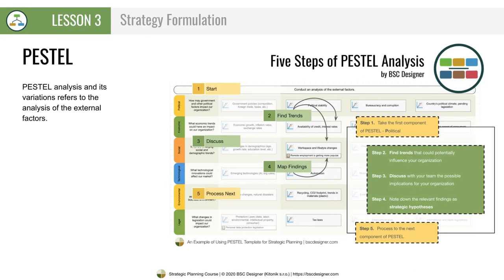Are we prepared for upcoming legal changes? What technologies will change our market? Answers to these questions will help to formulate strategic hypotheses and add a perspective of external factors to the strategy. In the reference, you will find an example of using PESTEL analysis for strategic planning with some specific steps to follow.